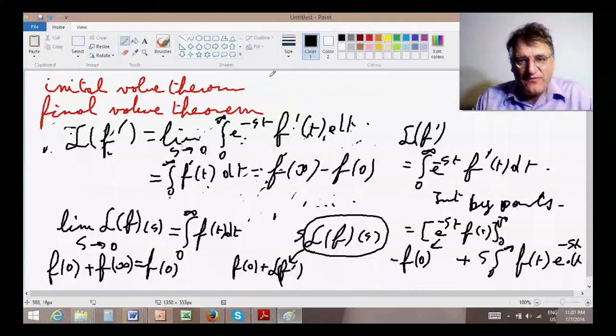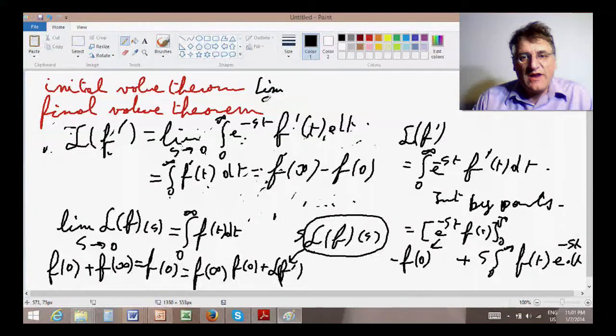So I obtain the following theorem. Oh, by the way, of course, this is equal to f of infinity. We obtain the following theorem, that the limit when s tends towards 0 of s times f of s is equal to f of infinity.